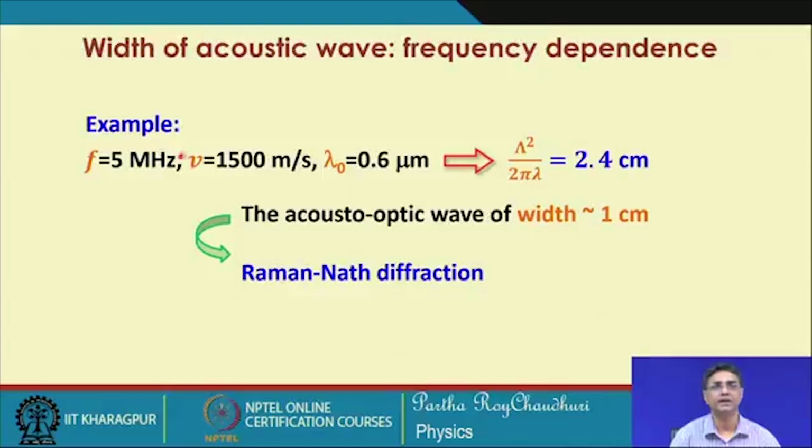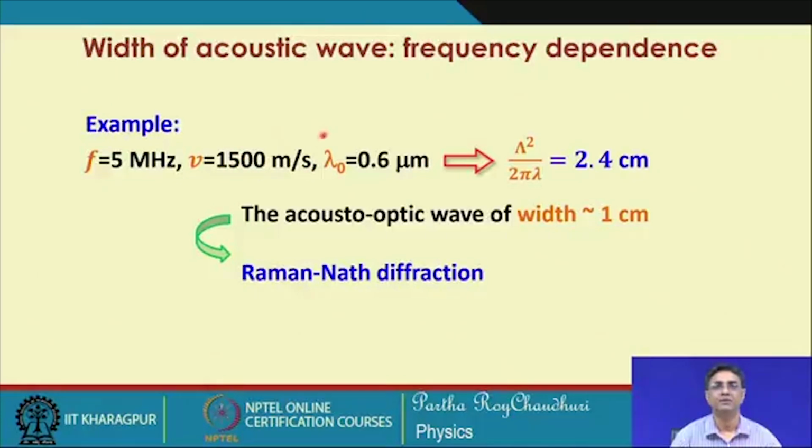Now, let us consider one example, that if you have the frequency of the acoustic wave generator or the oscillator, that is the piezo crystal which is used to generate this acoustic wave, which has a frequency of 5 megahertz. Usually the acoustic wave velocity in water or in a nonpolar liquid is of the order of 1500 meter per second.